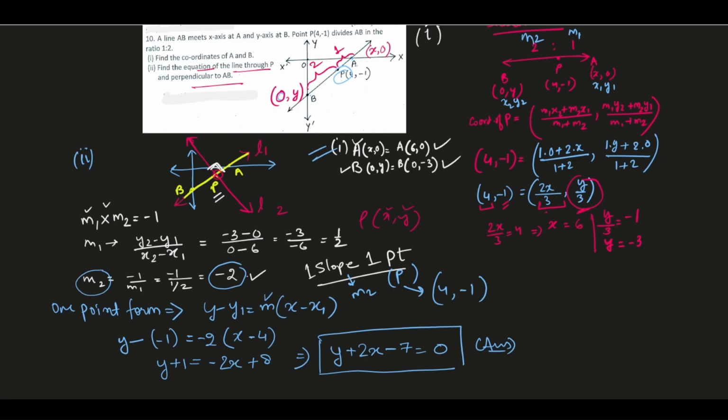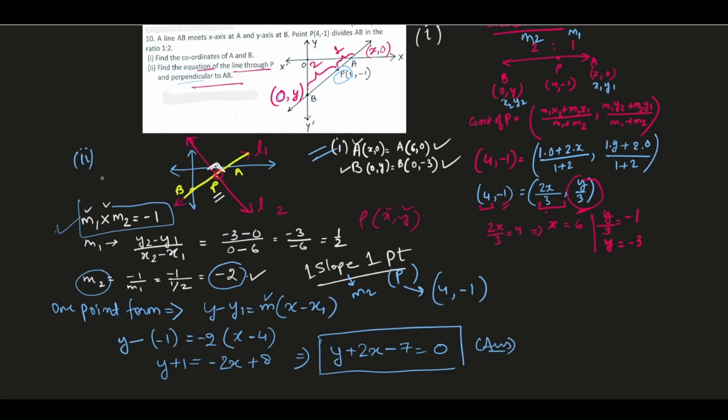So first we found out the slope of L1. Then since they said that it is perpendicular, the new line L2 will be perpendicular to L1. So we established a relationship here that M1 into M2 will be -1. So for that we needed to find M1, the slope of the first line.